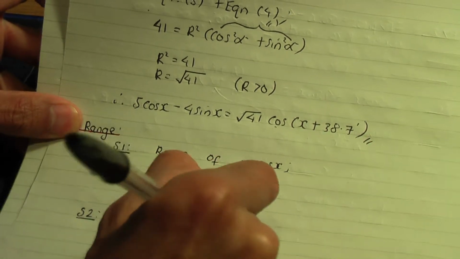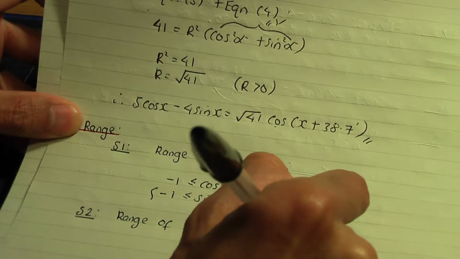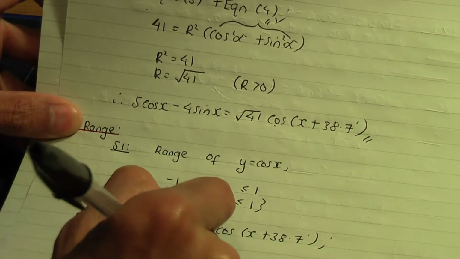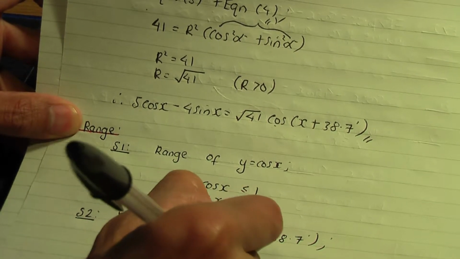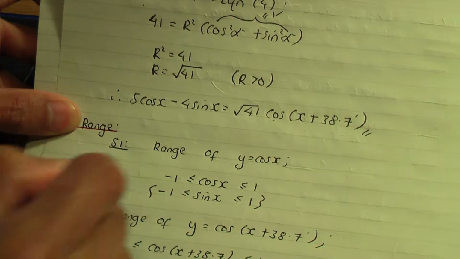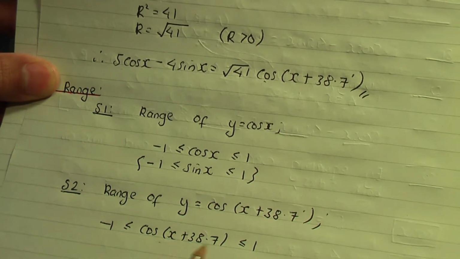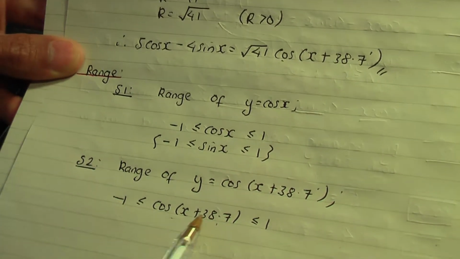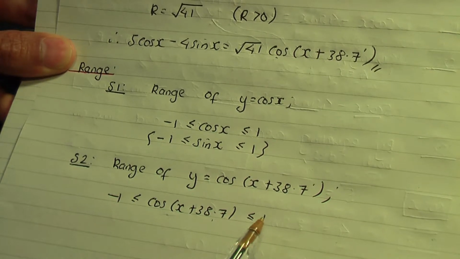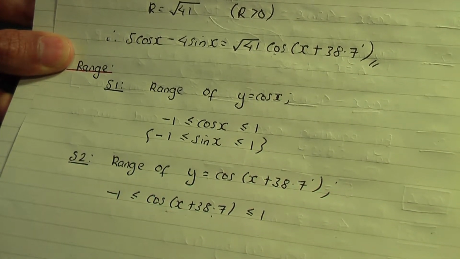The range of that also lies between 1 and minus 1, because this is basically a horizontal shift. It wouldn't alter the maximum and minimum values of cos, which are 1 and minus 1.